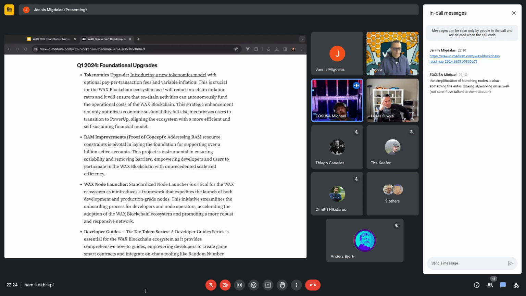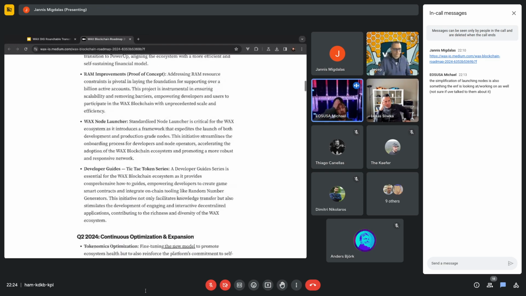But the comment is that you're right, it's hard as hell to even just spin up a regular node, which is really no different than a BP node when it comes down to it. But there's been a lot of work and a lot of those weekly discussions about identifying what all the different types of nodes are: API, block producer, state history, even trace API if it's an exchange.